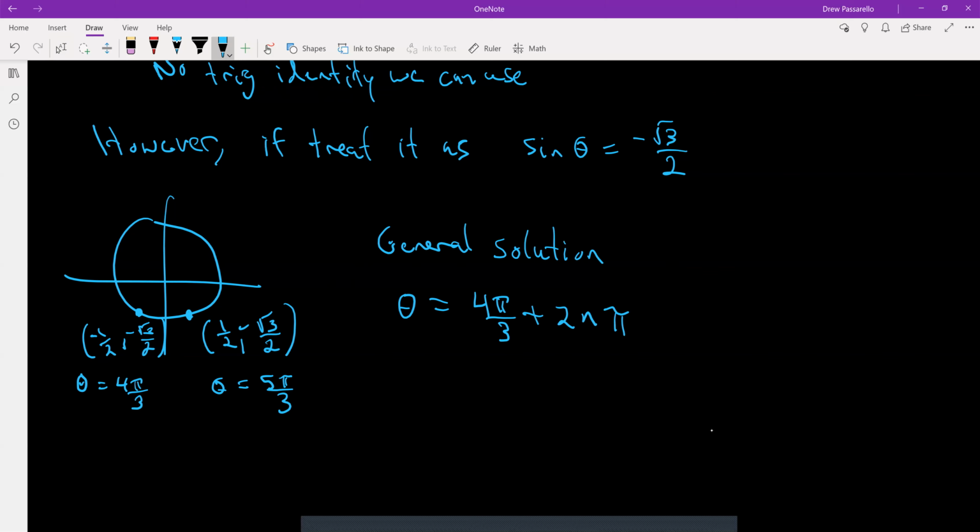And then the other one would be 5 pi over 3, and counting for infinite revolutions, that's plus 2n pi. Now I'm going to relate this back to 5x.